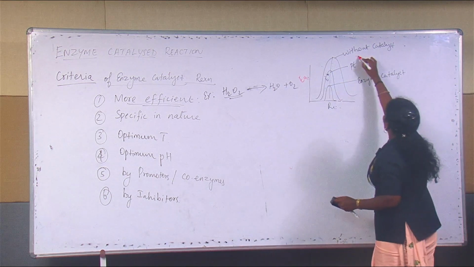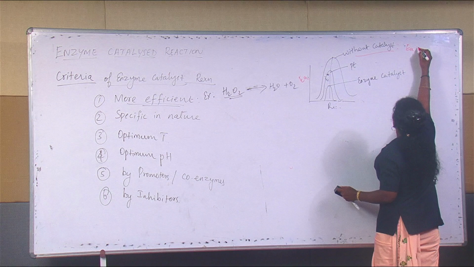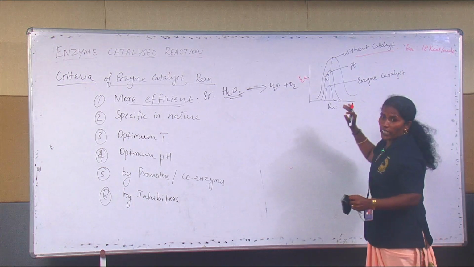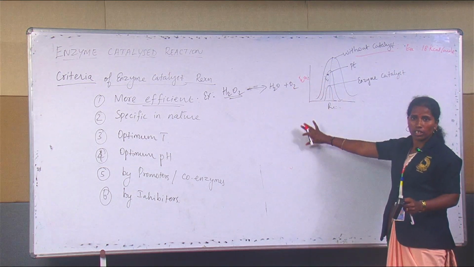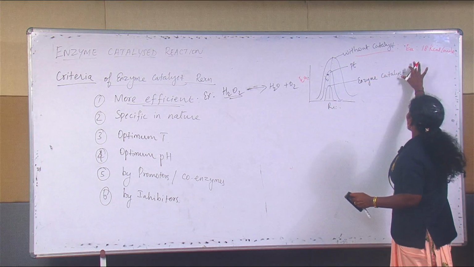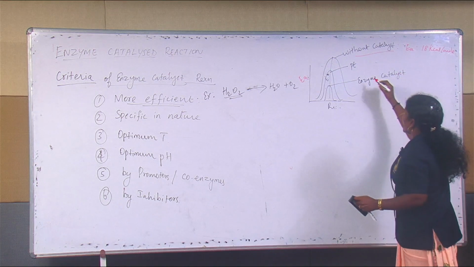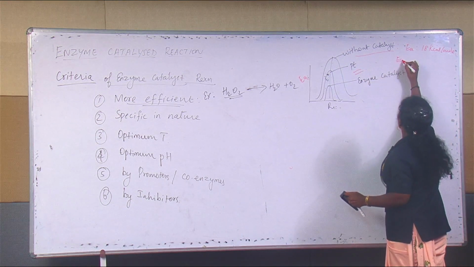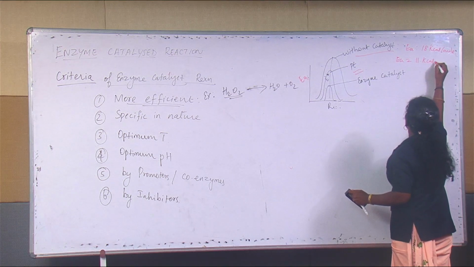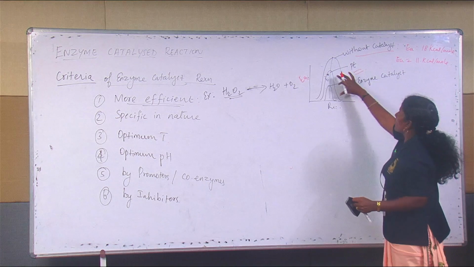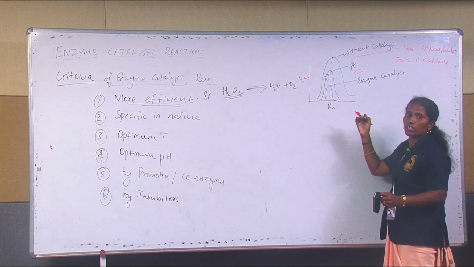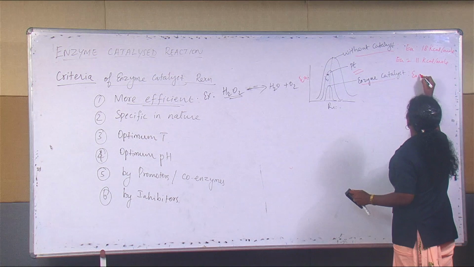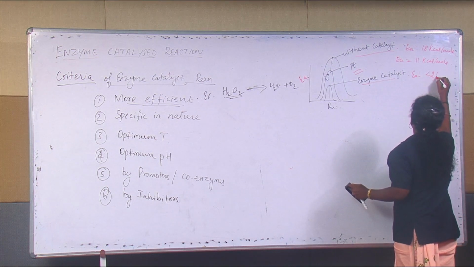EA versus rate: in the decomposition of hydrogen peroxide without a catalyst, the EA value is 18 kilocalorie per mole. With colloidal platinum as a catalyst, the EA value is 11 kilocalorie per mole, a slight decrease, so the speed of the reaction slightly increases. Using an enzyme catalyst, the EA value is less than 2 kilocalorie per mole.